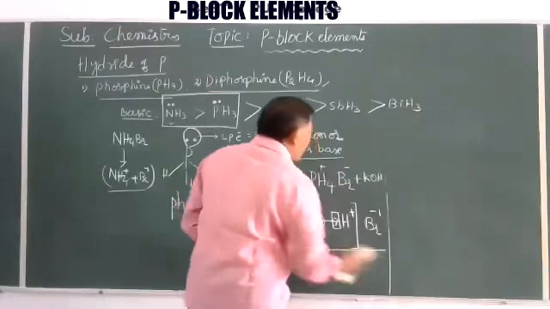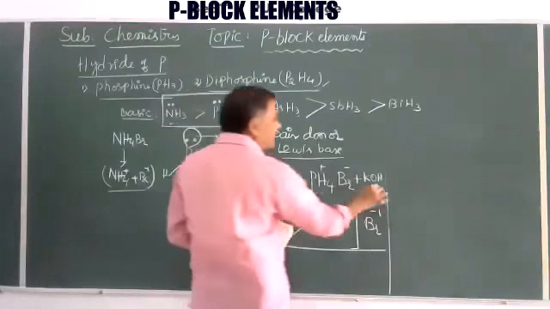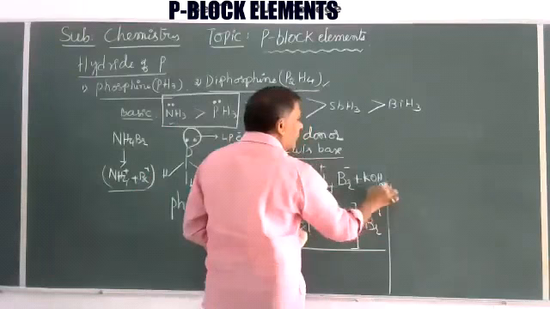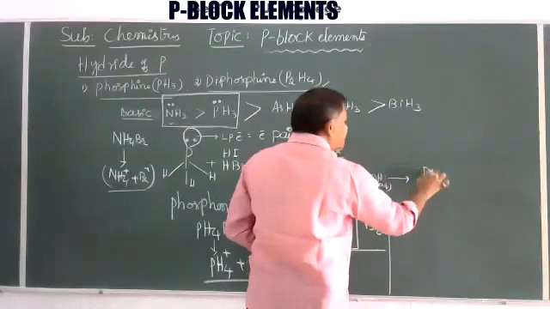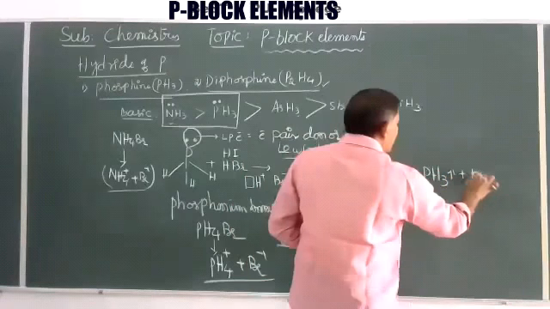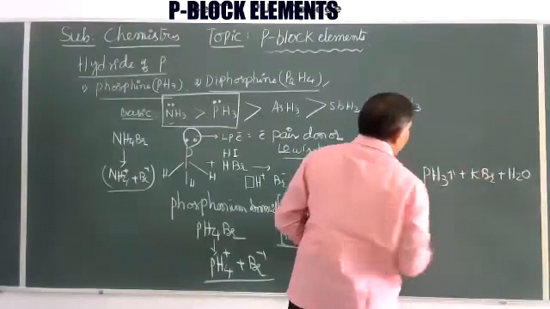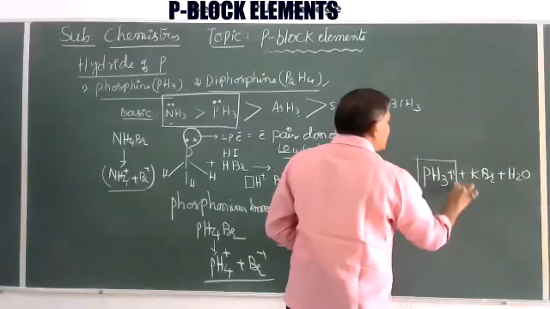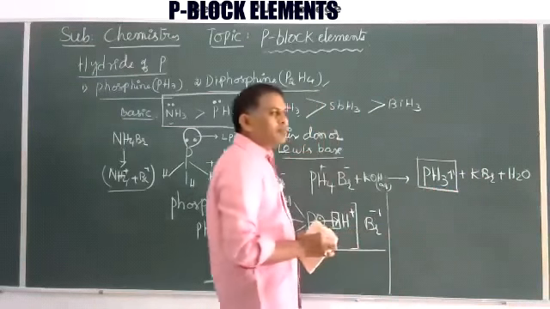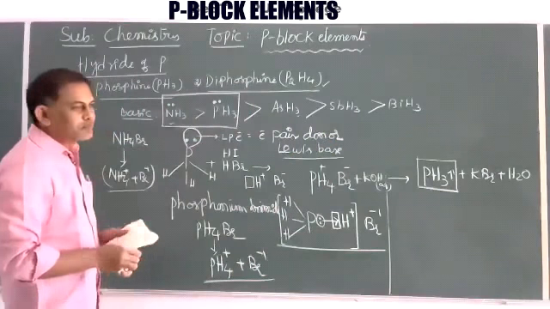The obtained phosphonium bromide is reacted with the aqueous alkali solution. It forms pure PH3 phosphine gas plus KBr plus water. In this manner, we can purify the impure phosphine gas.